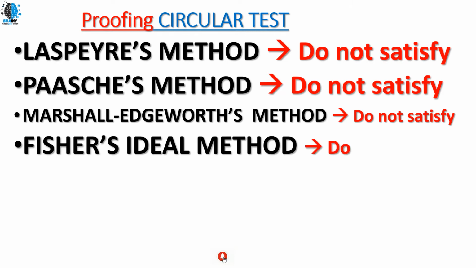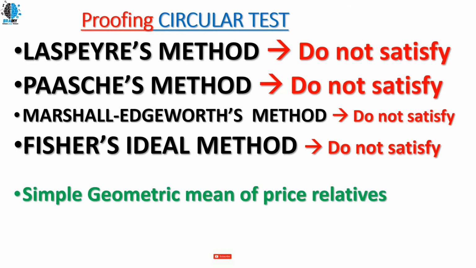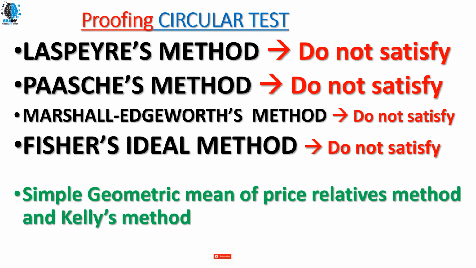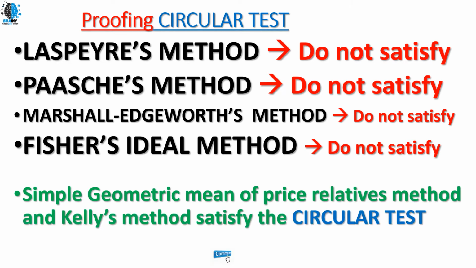Fisher's ideal method is also not going to satisfy the circular test. Then the simple geometric mean of price relatives method and Kelly's method satisfy the circular test. So simple geometric mean, not arithmetic mean. Only the simple geometric mean of price relatives method and Kelly's method are going to satisfy the circular test.